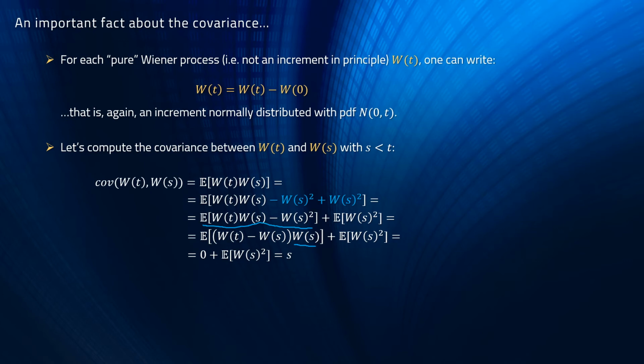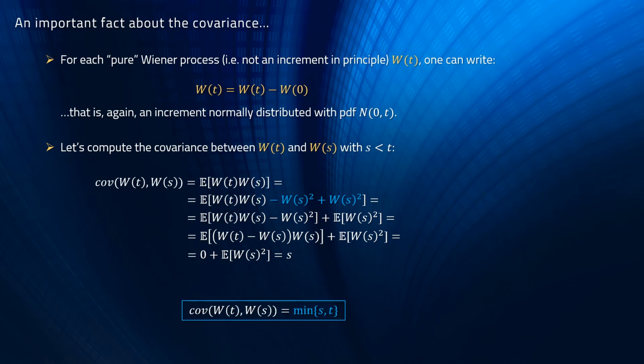Since s is less than t, this is an increment between t and s, and this is a pure Brownian motion, so this expectation is always equal to 0, since they are independent, as we saw in the slide before. So the only term which leads us to some result here is the second term, the expectation of Ws squared, which is nothing but the variance of Ws, which is s.